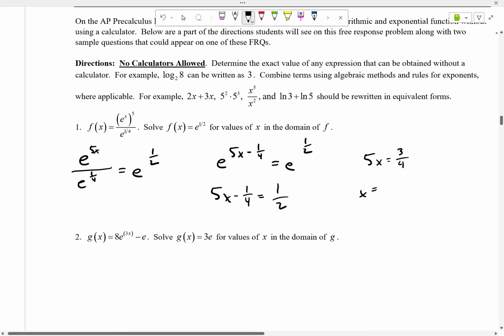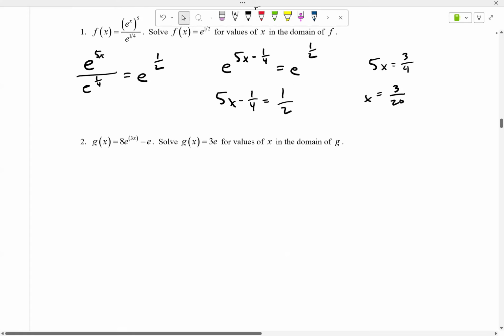Right, you just divide by 5 or multiply both sides by 1/5, which might be just a little bit more elegant. You got it perfectly after a tiny little fumble. Are we good with that? x equals 3/20. Thank you, Judy. Nicely done. Okay, let's try this next one.